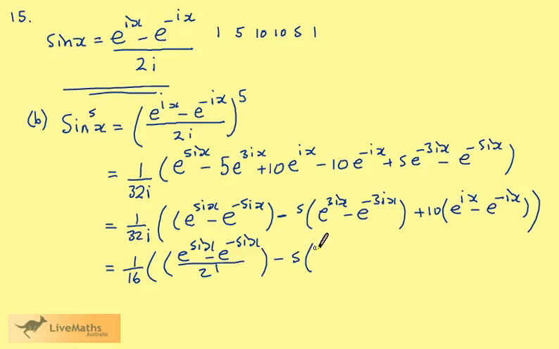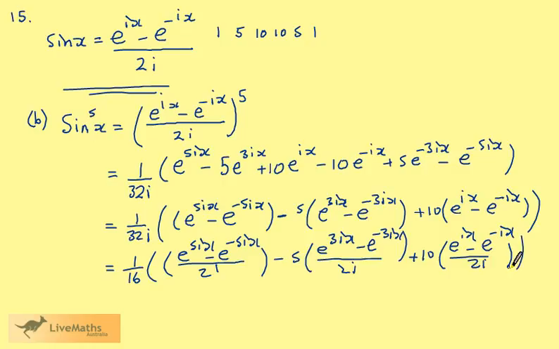This one would be e to the 3ix, take away e to the negative 3ix over 2i, and then this one would be e to the ix, take away e to the negative ix over 2i, and using Euler's formula we should see that this one here is sine 5x, this one here is sine 3x, and this one here is sine x.